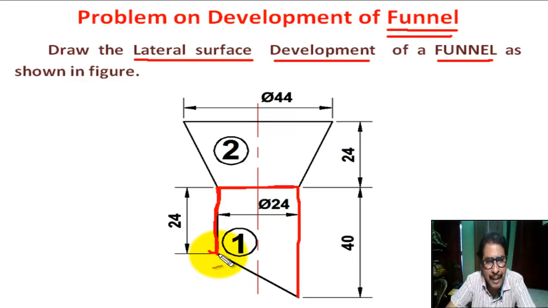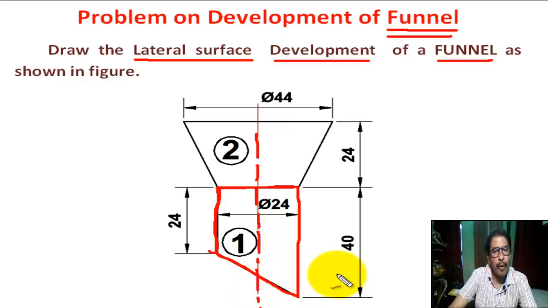Next, join this end and this end. Now from the midpoint of this line, that means 12 millimeter distance, this is 24, at 12 millimeter distance at midpoint, draw the center line or axis line. Okay.